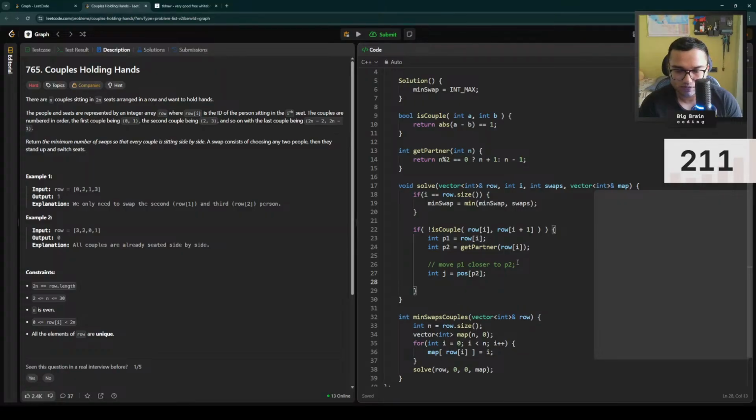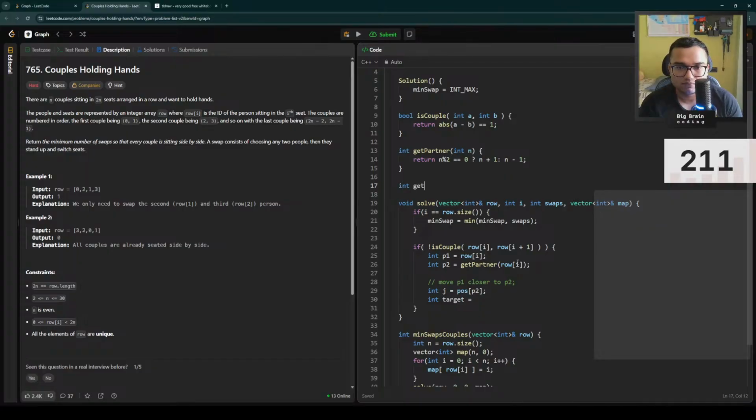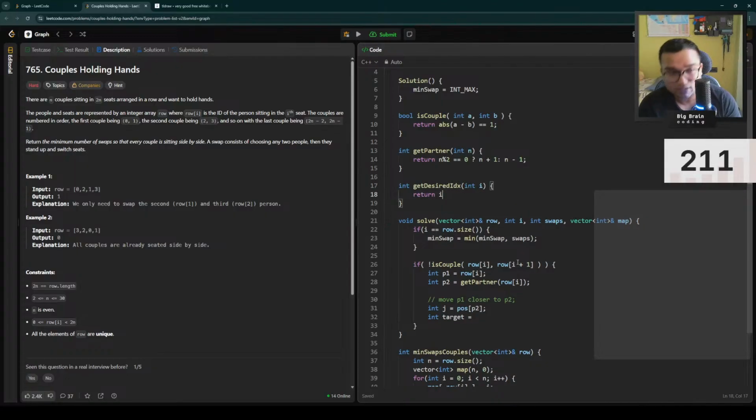Position of p2. Now if target will be int get index partner get desired index int I, return if I is odd, if I mod 2 is 1, if it is odd, then I minus 1, else I plus 1. Get desired index, move p1 closer to p2.